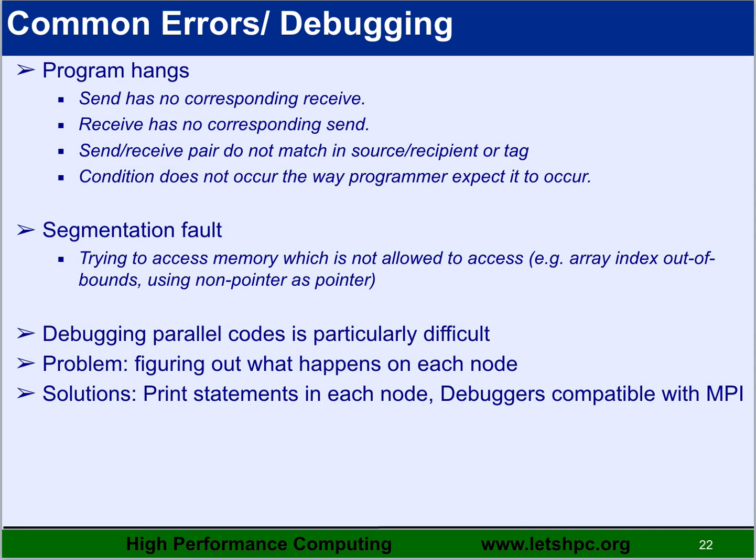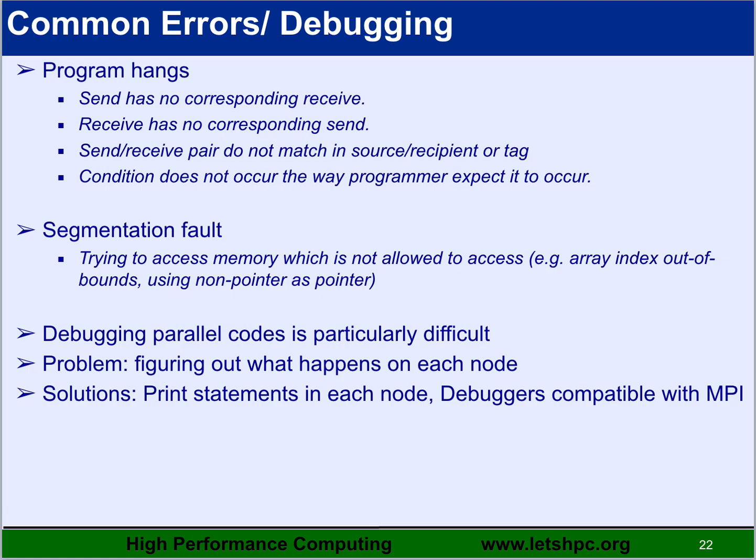Now, what are the important errors and debugging issues which we may encounter while doing MPI programming? As we have understood, because it involves several processes, debugging is definitely more challenging compared to serial code.